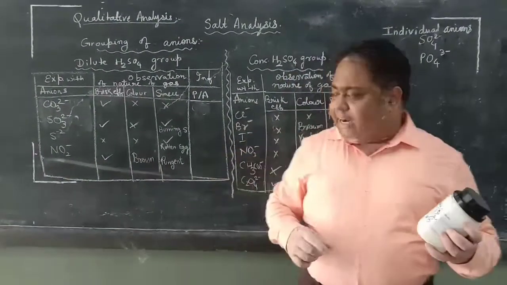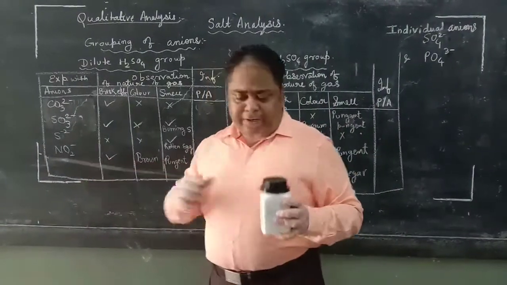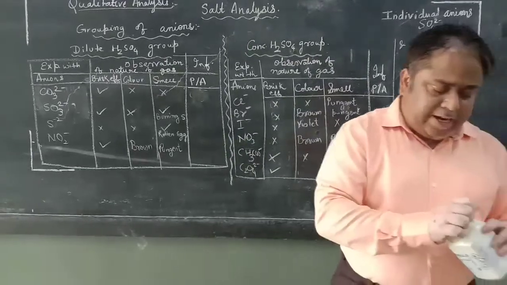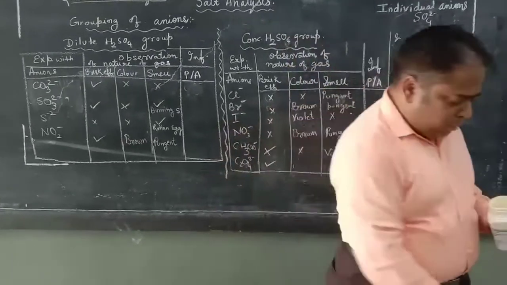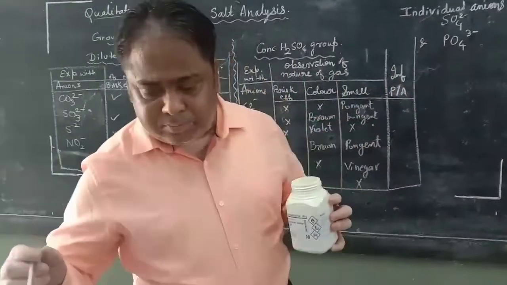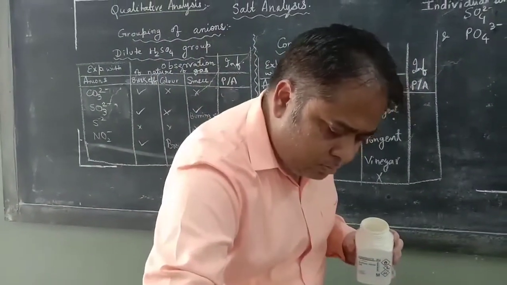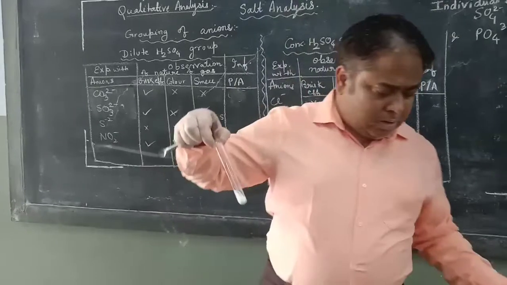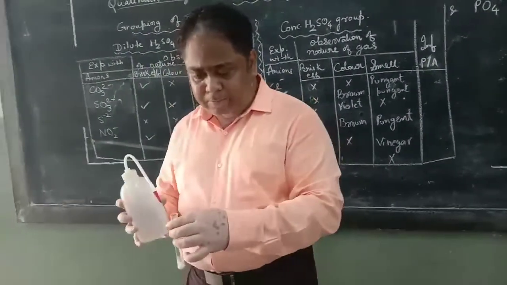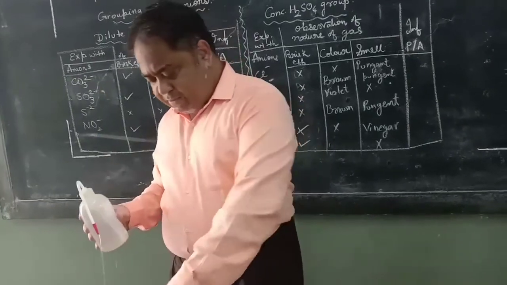Next is sodium nitrite. I already showed you the difference. You can again see. Nitrate was not showing any test with dilute H2SO4, but nitrite will show its test with dilute H2SO4. I will have to recycle this test tube and clean it.